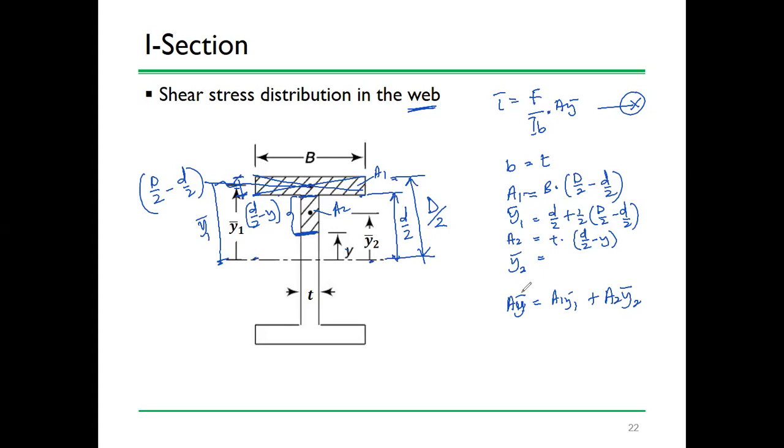What about Y bar 2? Okay. The Y bar 2, when we deal with this one, center of gravity. We can measure from here all the way to here, and this is Y bar 2. What do you think? Is it half of this distance plus the Y? Okay?